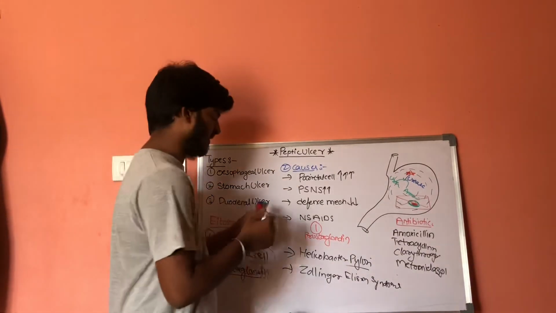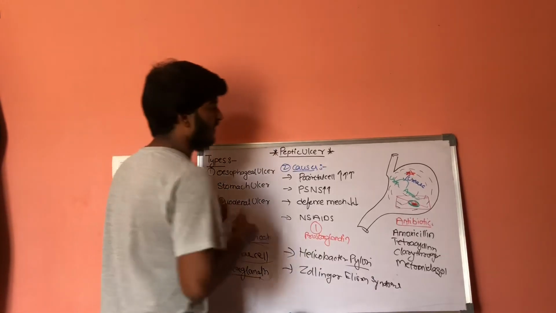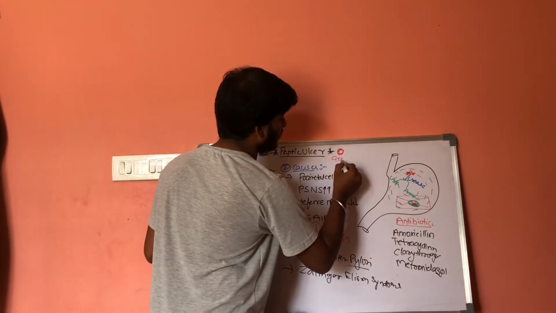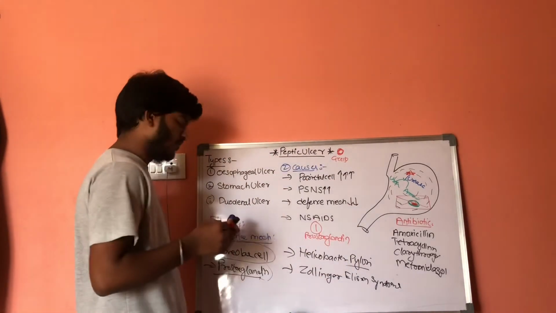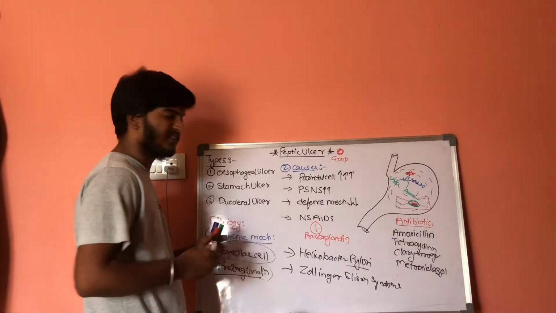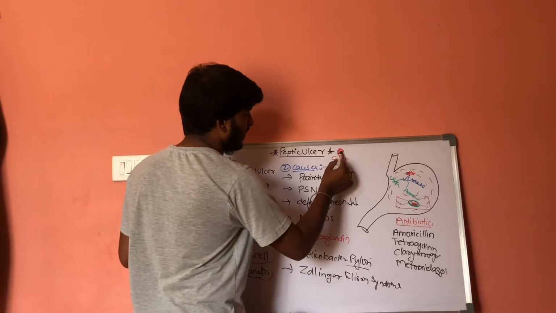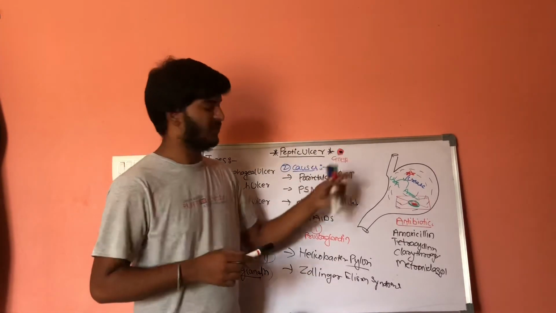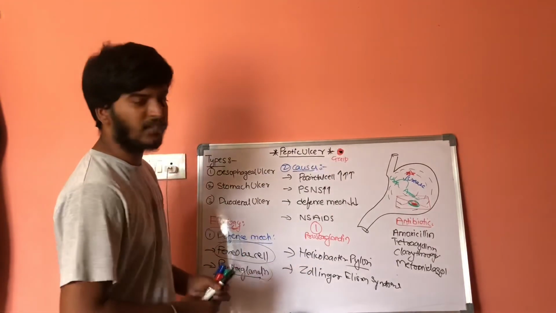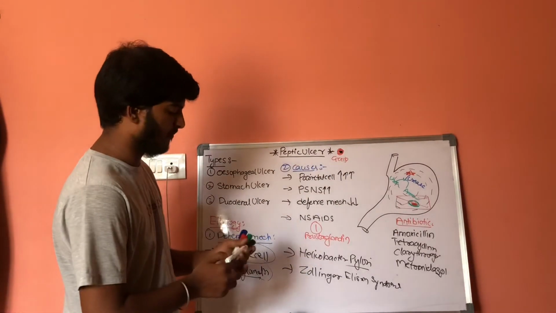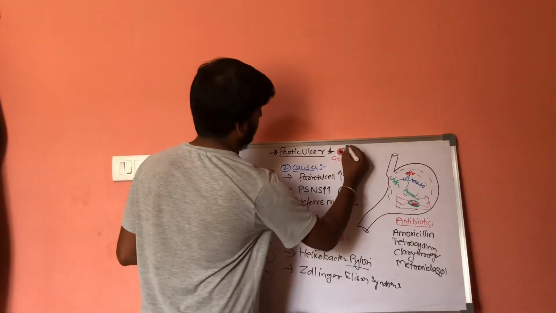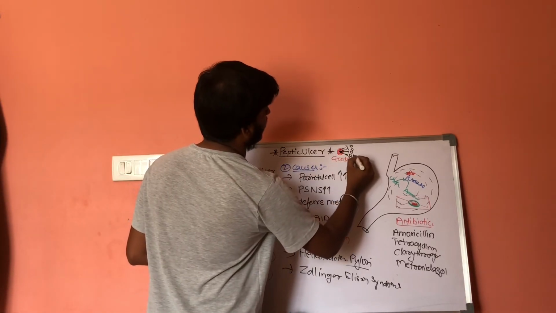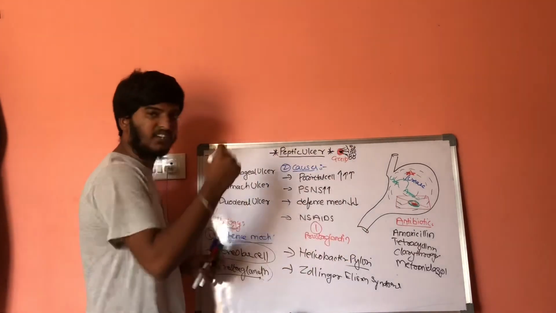Let us consider these are G cells. G cells are nothing but gastrin cells. If there is a tumor present within these G cells, it may undergo multiple proliferations. So there will be excessive secretion of gastrin.